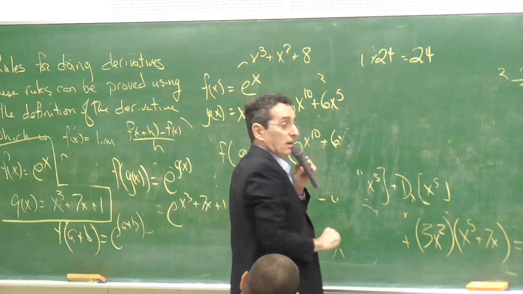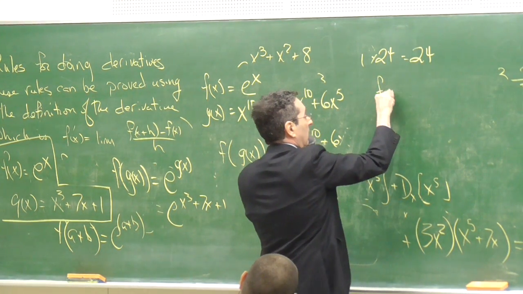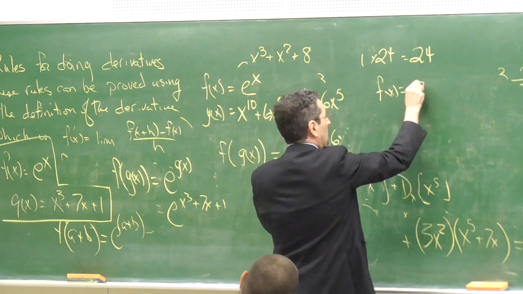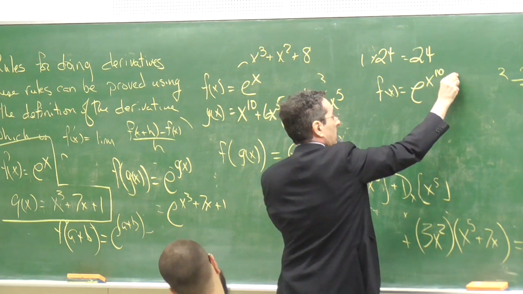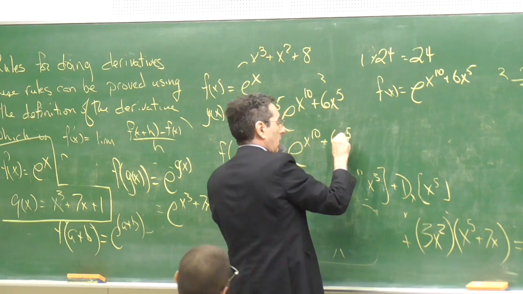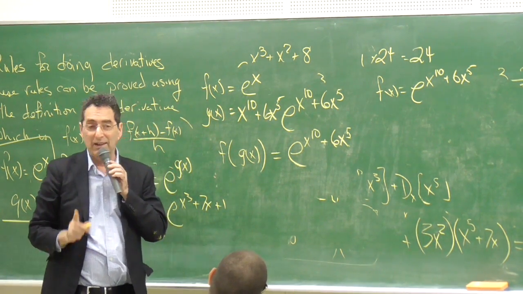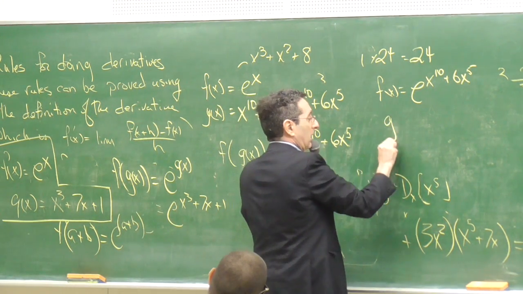And in this case, the outside function could be e to the x to the 10th plus 6x to the 5th. So this is a trivial one. But the tricky part is, what is g?